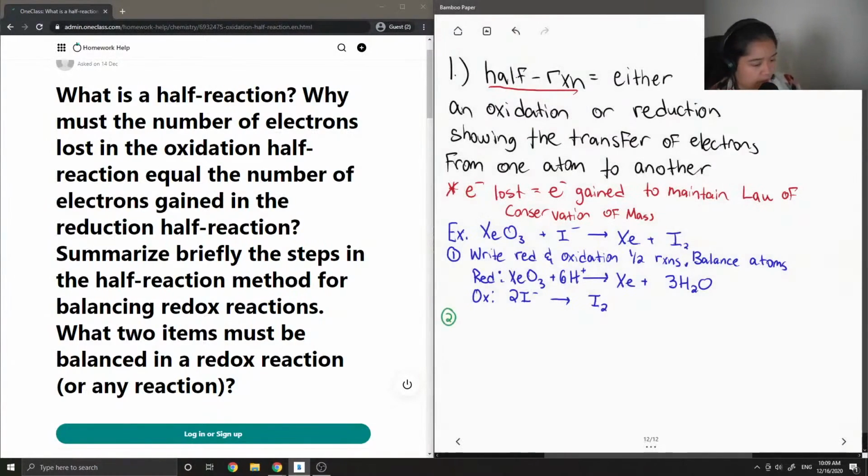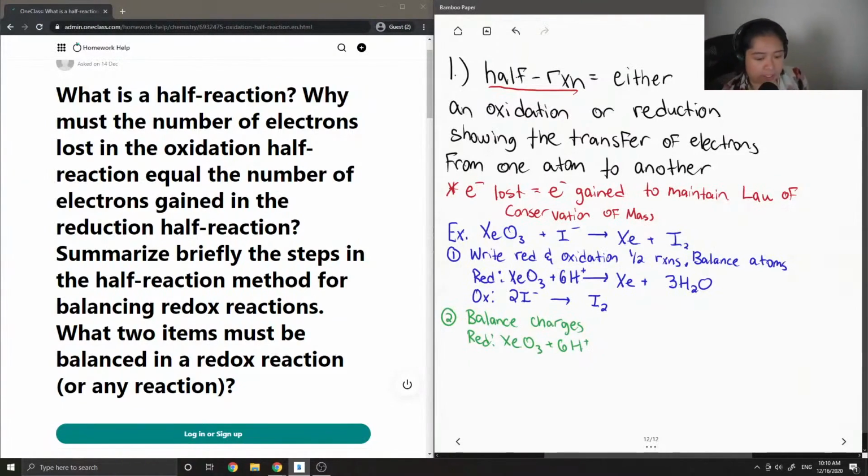Okay, so step 2 would be to balance the charges. So we do this by adding electrons. If we look at our reduction reaction, you'll see that there are 6 positively charged protons on our reactant side, and on our product side, everything is neutral.